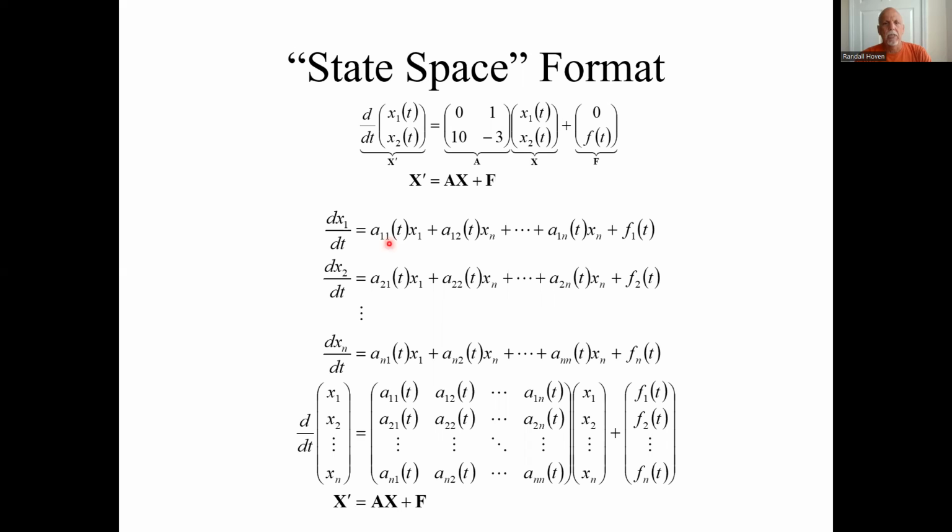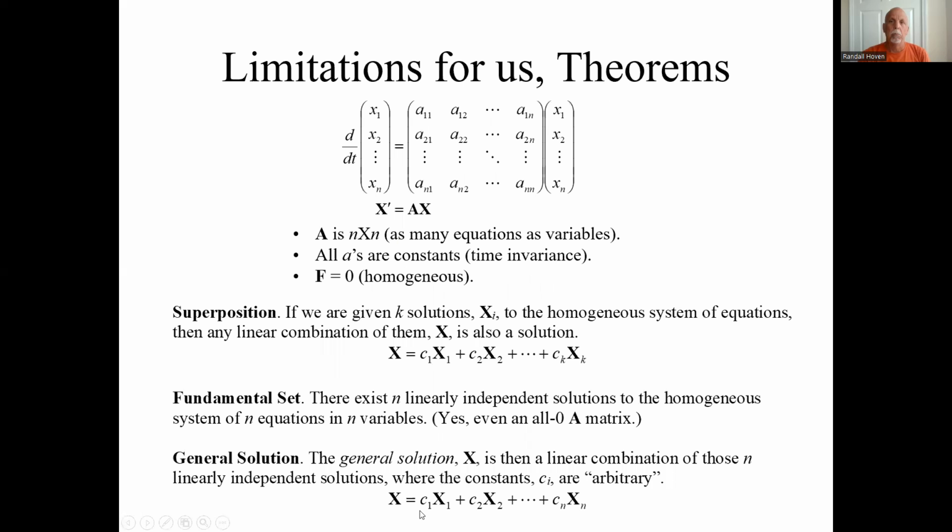And in general, these coefficients could be functions of time, time varying, and you could have these external inputs. This matrix A could be time varying, and we could have an F. But in our short little course, we're not going to do that. For us, A is going to be all constants, not functions of time, and the F is going to be 0.